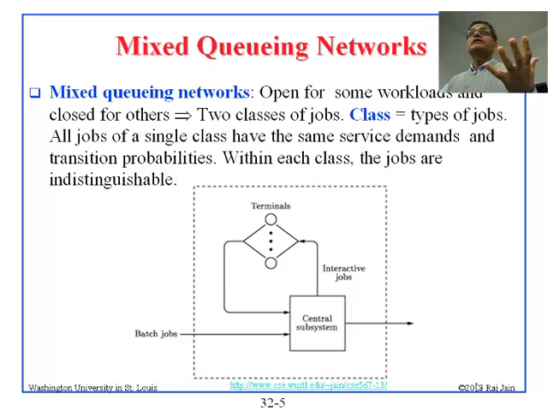Everybody understands what a thin client is, right? So really a terminal, nothing else on your desk. And so those 15 people, that number 15 will remain fixed. They will do something, get out, then do some more thinking, do some more, and keep inside the system. Whereas there are some batch jobs running which get in and out. Okay, so that would be a mixed system.